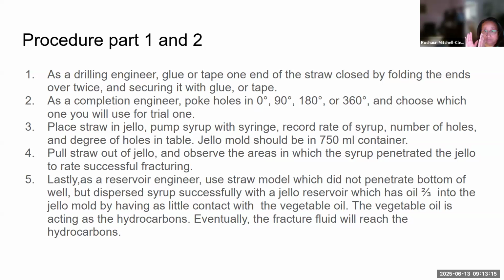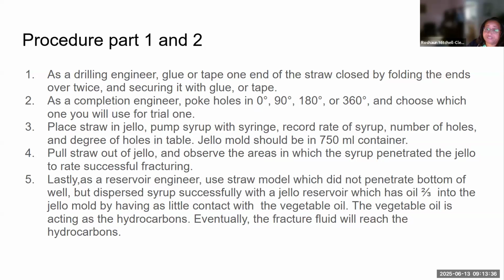Then for 180 degrees, it's going to be on both sides of the straw, but they're going to be half the distance on the straw. And for 360, it means the holes are going to be all around the straw.